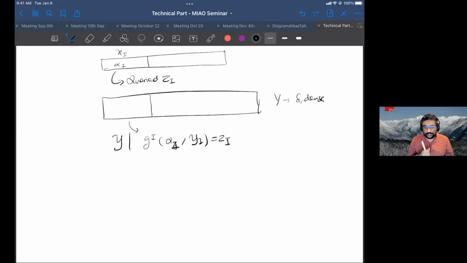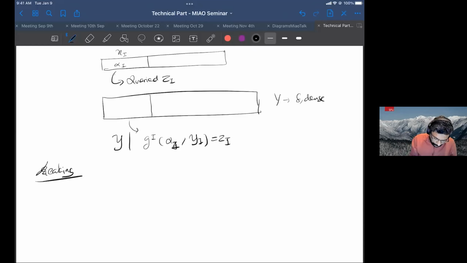So there are two things to consider. One is leaking. Leaking means that you're revealing more than I bits of information, or rather the probability of this particular gi alpha I yi being ci is smaller than 2 to the I. If there was no leaking, all the zi's would be equally likely, and by changing the yi you'd expect their probability to be around 1 over 2 to the I. But if it's leaking, it's more than that, right?